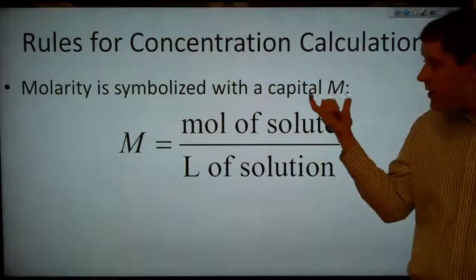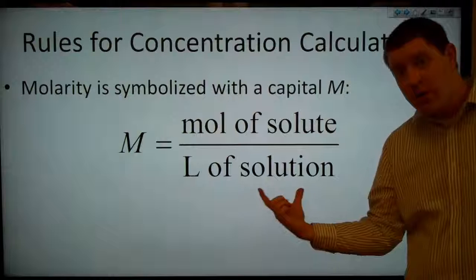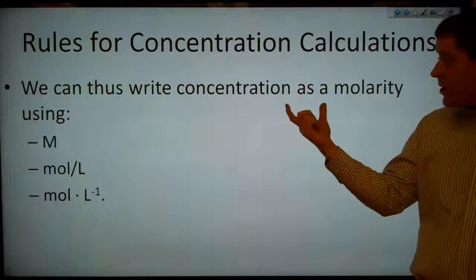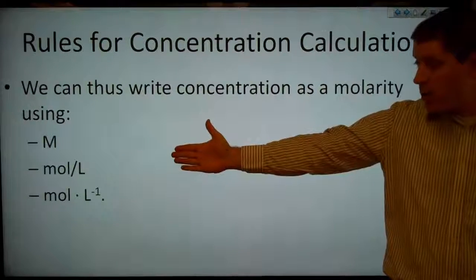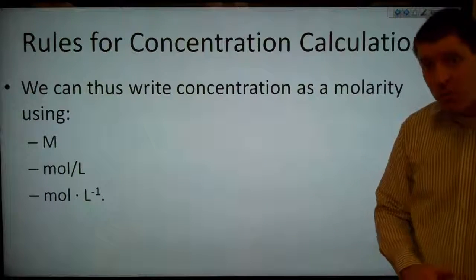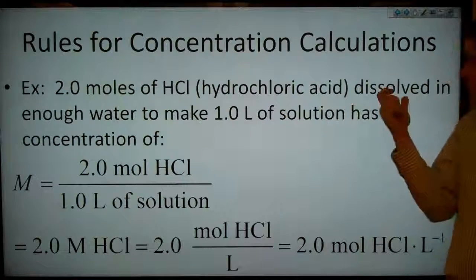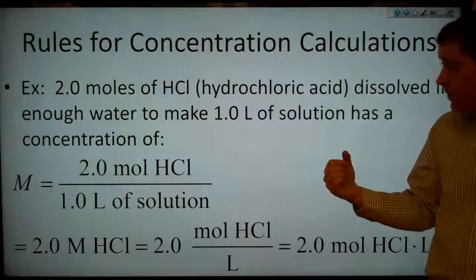So remember that molarity is symbolized with a capital M, and it's moles of solute divided by liters of solution. And that means that we can write concentration as a molarity using capital M, or as moles per liter, or as moles times liters to the -1. For example, 2.0 moles of hydrochloric acid are dissolved in enough water to make 1.0 liter of solution.